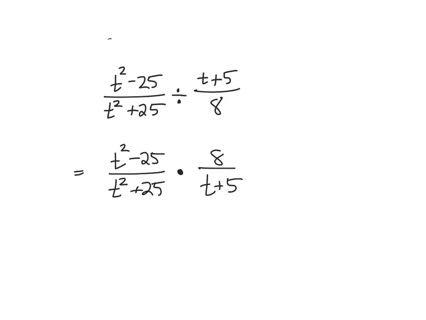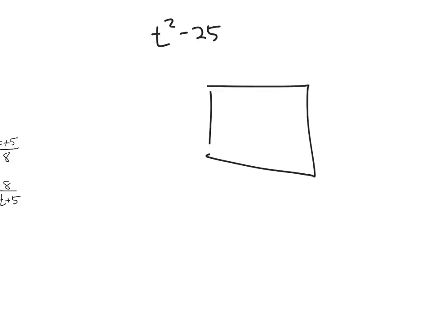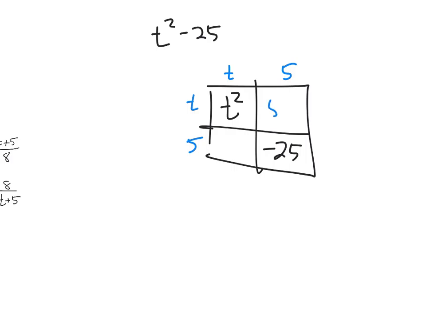So I'm going to go way over here on our scratch paper, and we know that t squared minus 25 can be factored using the box. We know that t squared goes here, the minus 25 goes here. Then we know that t and t go there, and 5 and 5 go there, which makes this 5t and this 5t.